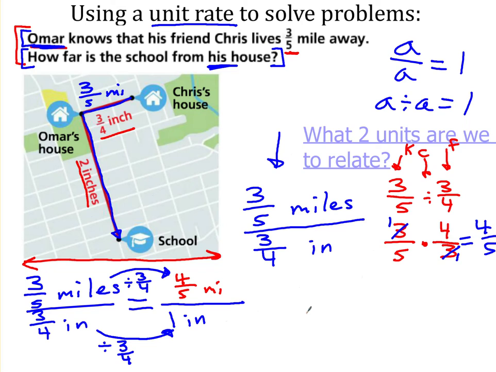And so now we go, well, why did I even do that? My goal here is to find out how far the school is from Omar's house, this distance across here. So all I have to do now is scale this into a rate that tells me the mileage distance for 2 inches.